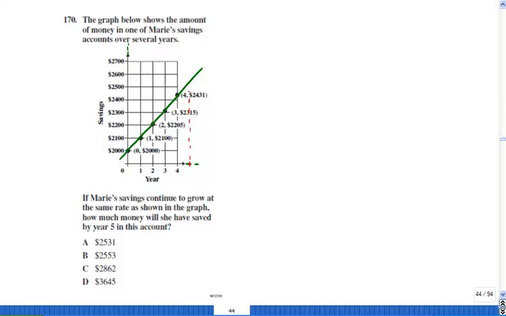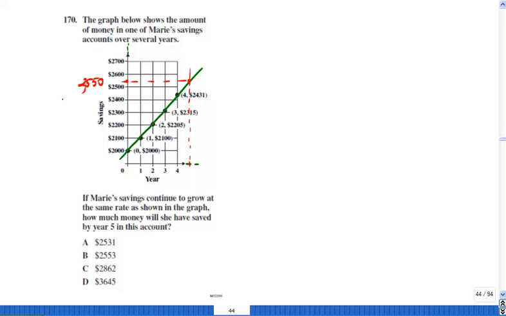Try to go with the straight line. And that would be over here somewhere, in which a horizontal line will intersect my vertical axis, my savings axis, which is between 2500 and 2600. Obviously, there will be some error there. I suppose it will be around 2550.